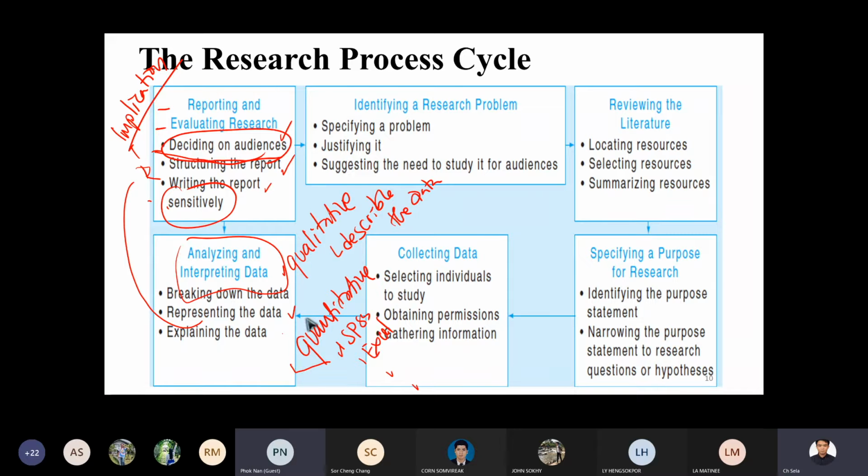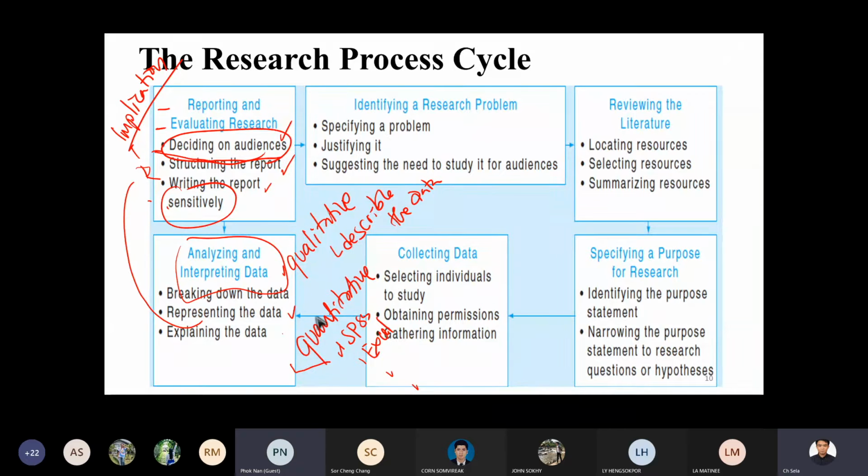Oh, your question is if you follow this research design called quantitative, do you have to use SPSS, Excel, or so on to identify the issue? My answer is no. You do not use this to analyze the issue.